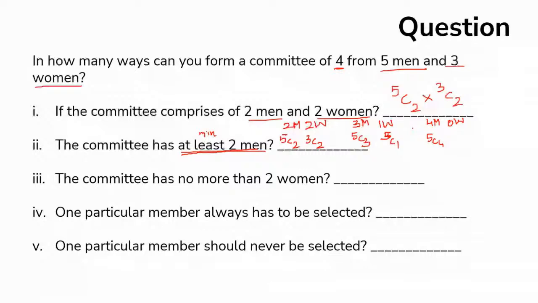In this case, between these two men and two women, they form a committee of four members. So overall, between them, we multiply these two values.